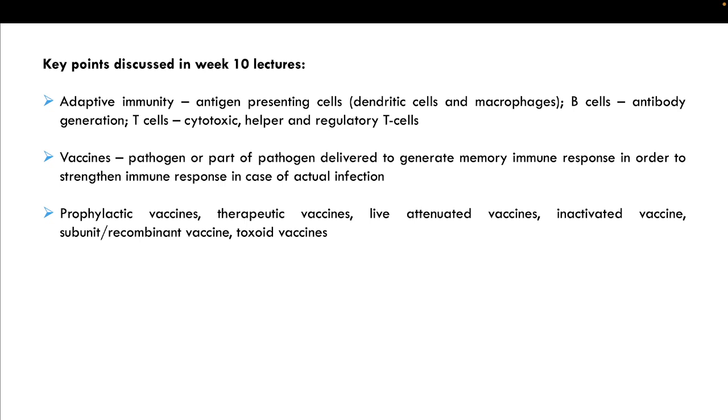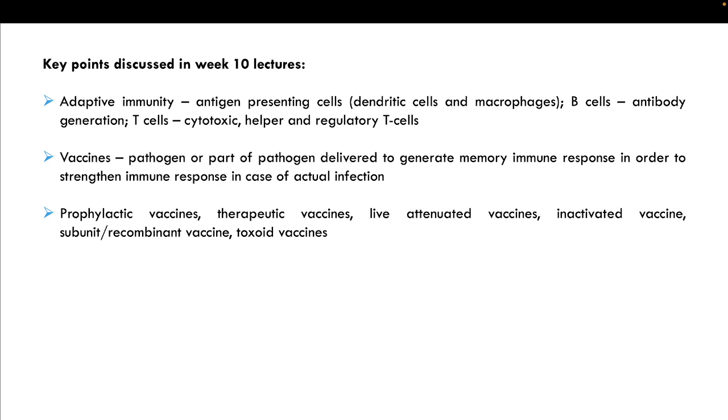On the other hand, there's something known as therapeutic vaccines. So this we take after the disease has occurred. So for example, let's say there's a particular pathogen that has infected a human body, and the patient's body is not able to launch a very strong immune response against that pathogen. It needs some booster vaccines.